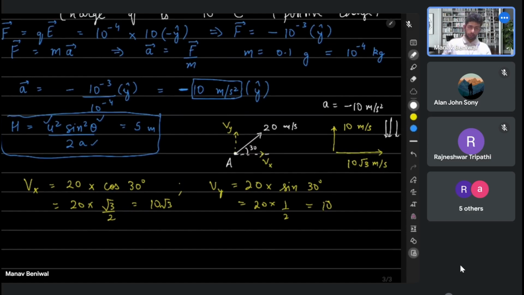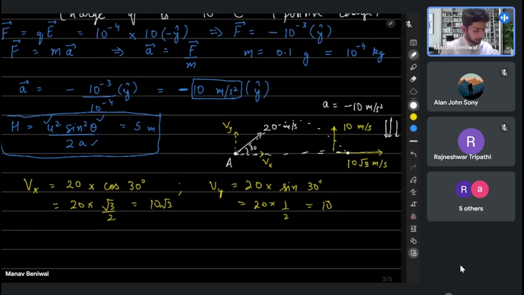Okay. So let us find out the time when the particle starts from A and it goes up like this, and then it comes back again here. It will take some time, right? How do we find that?